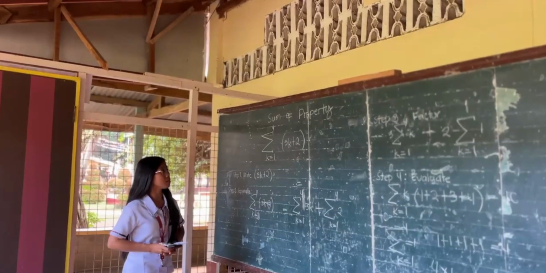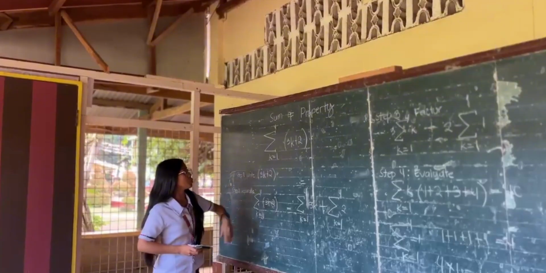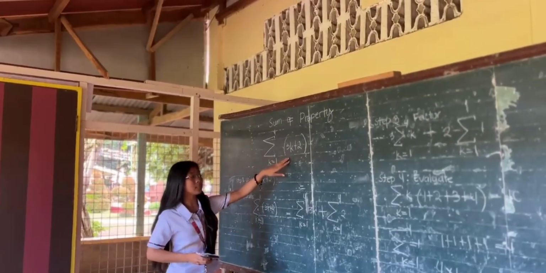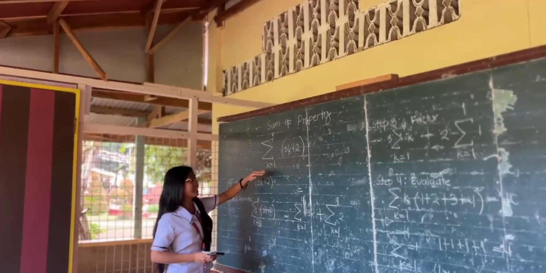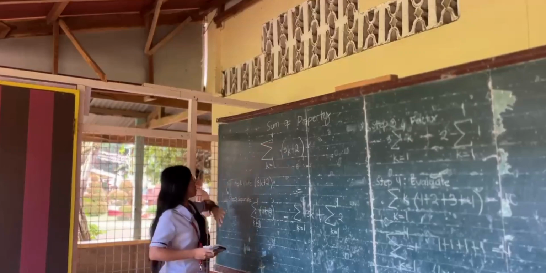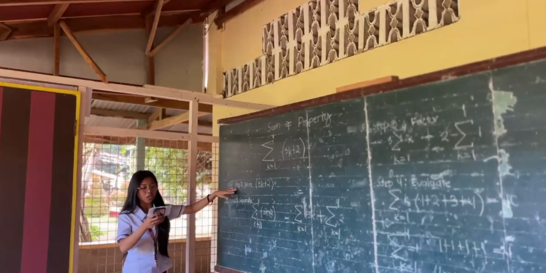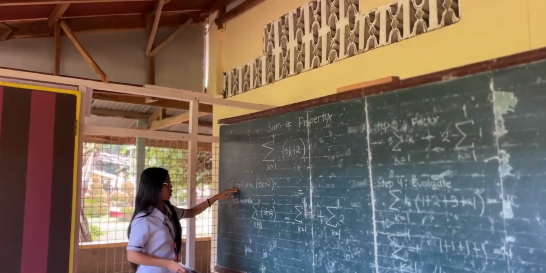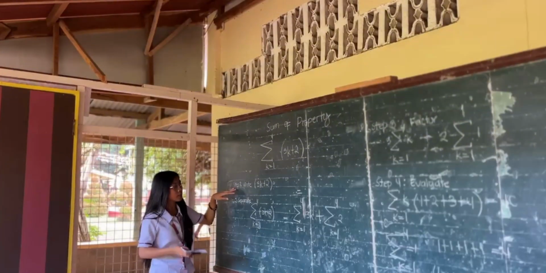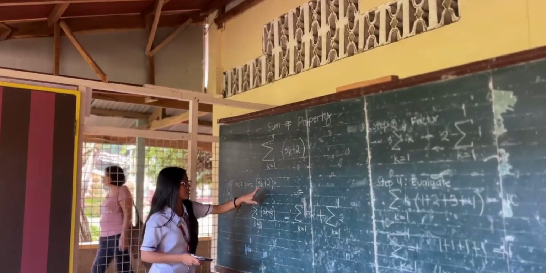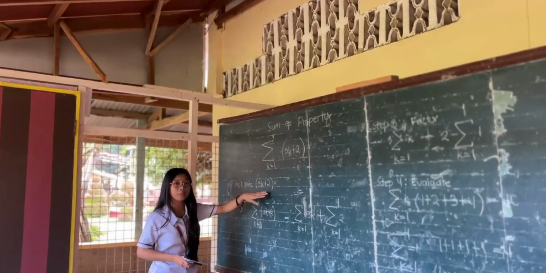Here is the second example of the sum property, which is the summation of the quantity 3k plus 2, where k equals 1 to 4. So step 1, using the sum property of summation, write out the sum inside the sigma, which is the quantity 3k plus 2.